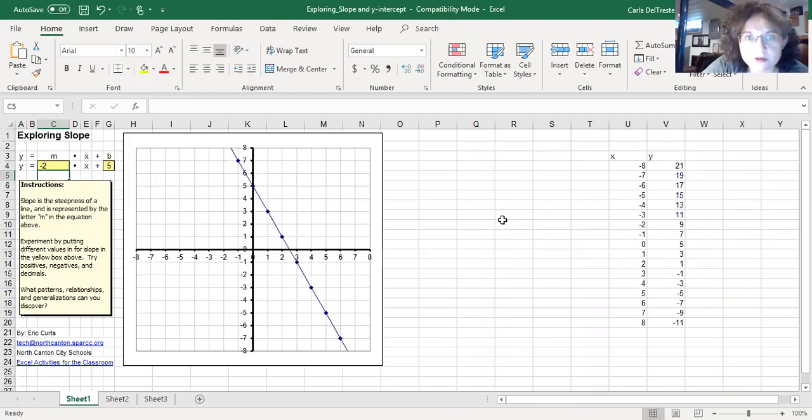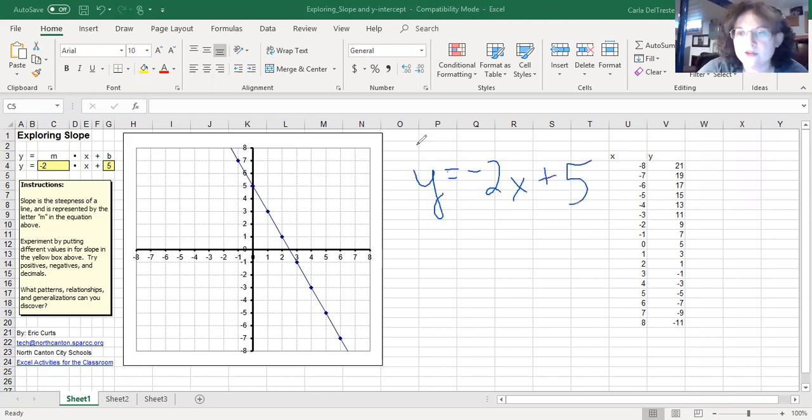The formula that we're working with, again, just to remind us, I'll write it up here, is y equals -2x plus 5 now. The way they're generating this table is everywhere there's an x, they're plugging in these x values, and then they're calculating to figure out what the y value is. And then they're plotting these ordered pairs over here on the graph, okay?